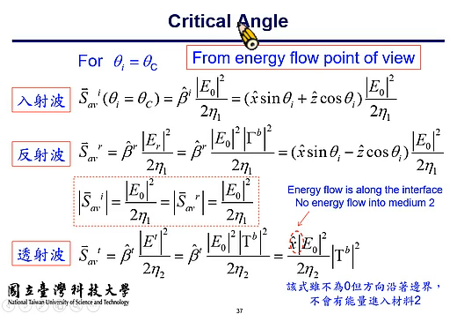So here is the critical angle phenomenon considered in terms of incident wave, reflected wave, and transmitted wave in terms of Poynting vector. So we know Poynting vector is the product of E field and magnetic field. So here is the incident wave.